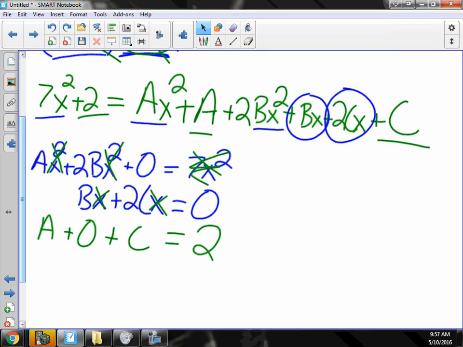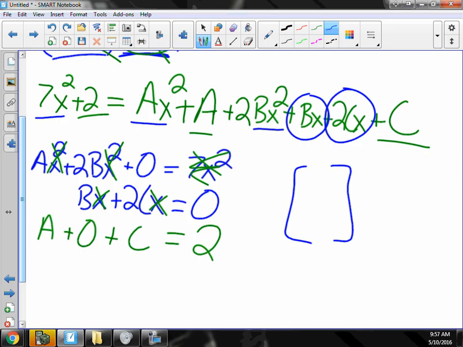So put that in my calculator. So once again, this is a 3 by 4. 1, 2, 0, 7. 0, 1, 2, 0. 1, 0, 1, 2. So my answer set is 3, 2, negative 1.